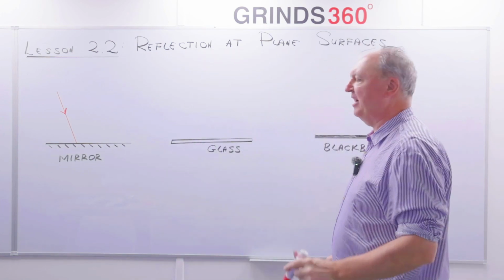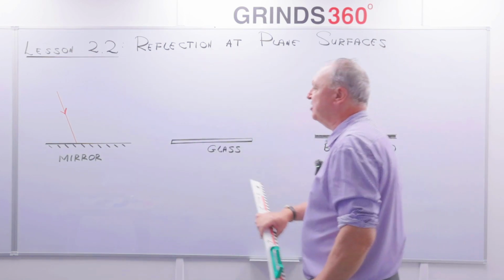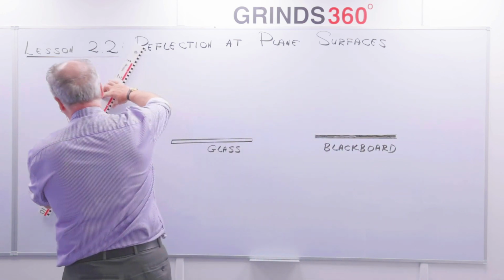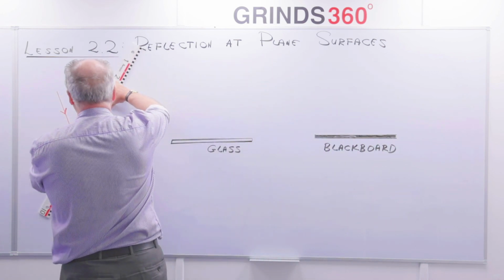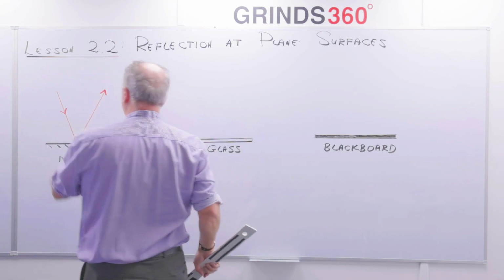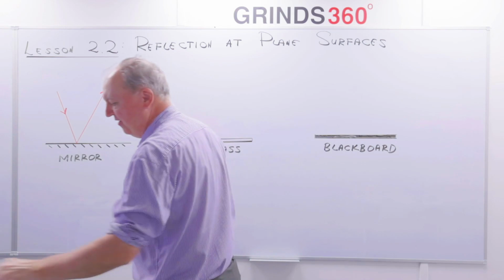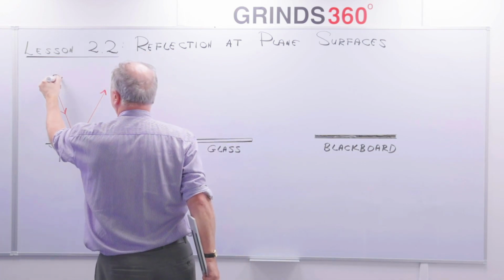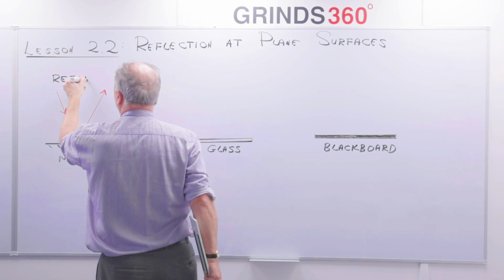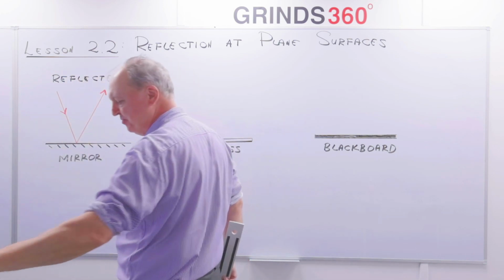Well, we've already talked about reflection of waves in the previous part of a lesson. That will be reflected like this. The angle of incidence is equal to the angle of reflection. So, in the case of a mirror, that ray of light will be reflected. So, mirrors are very good reflectors.